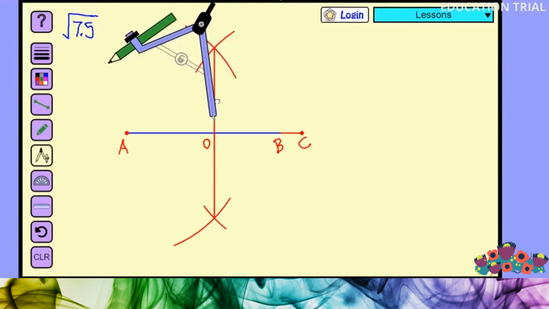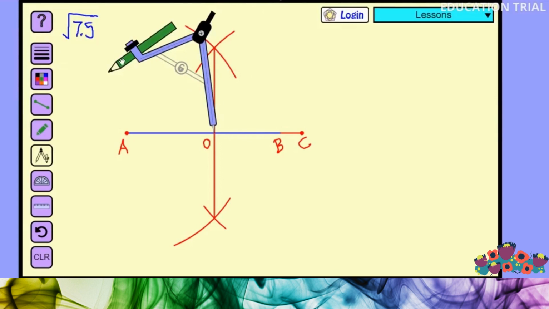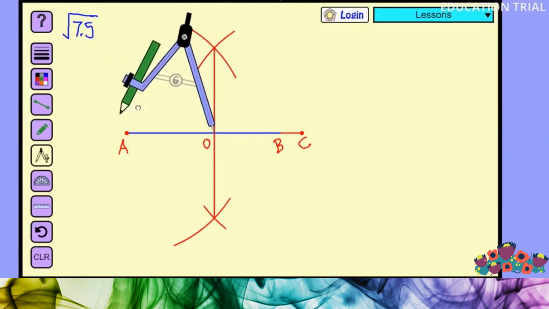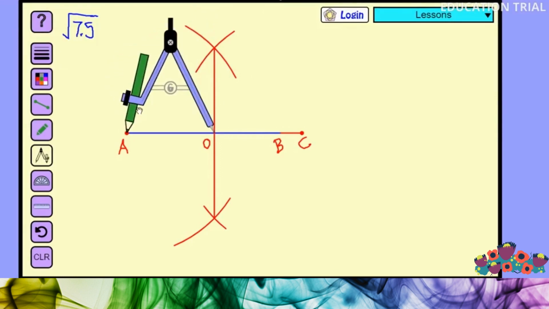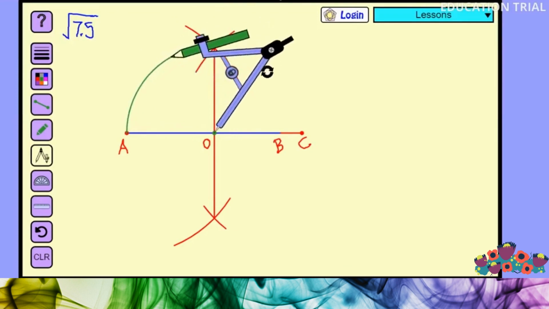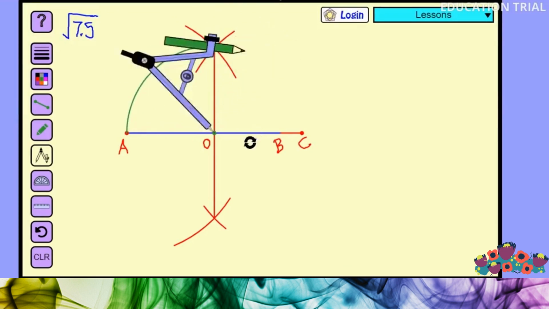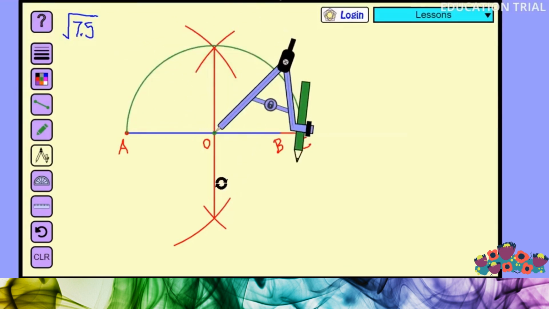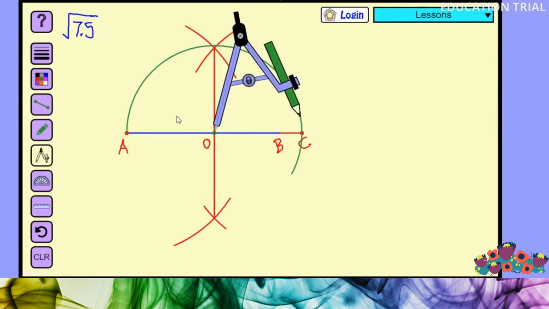Placing the compass at the center point O and keeping the radius AO as the radius, and fixing the compass, drawing a semicircle with center O. Okay, this much only is required. I have drawn a semicircle.